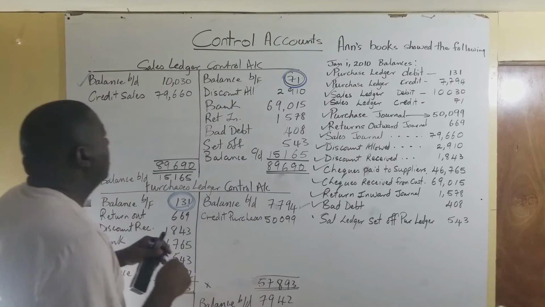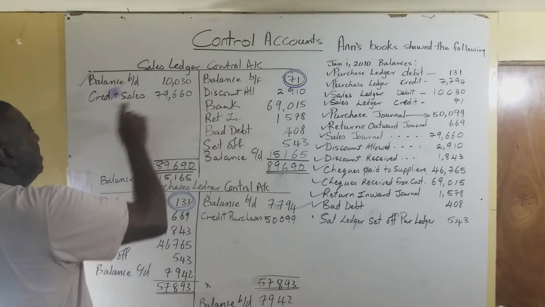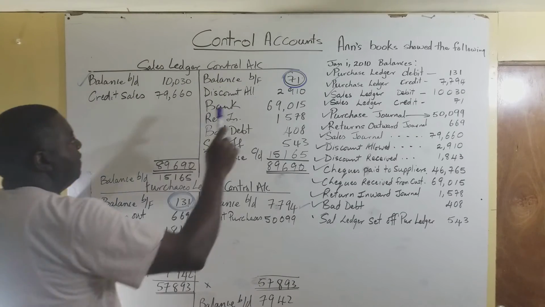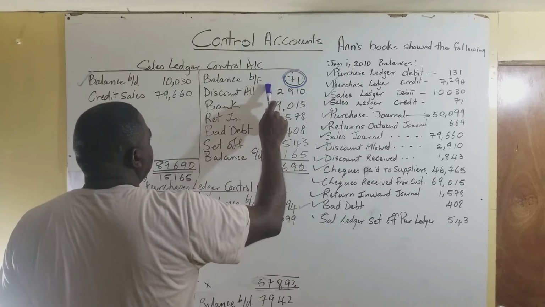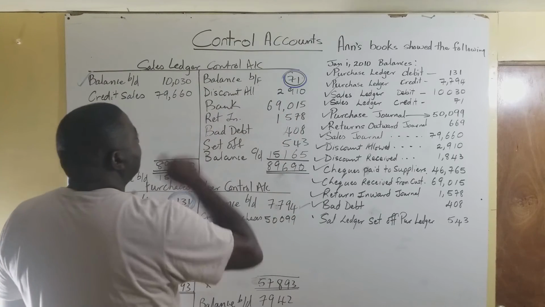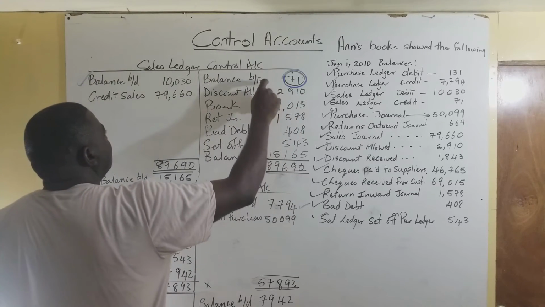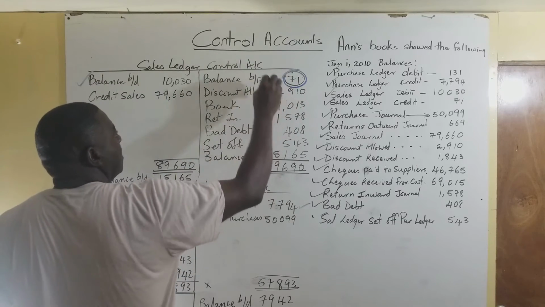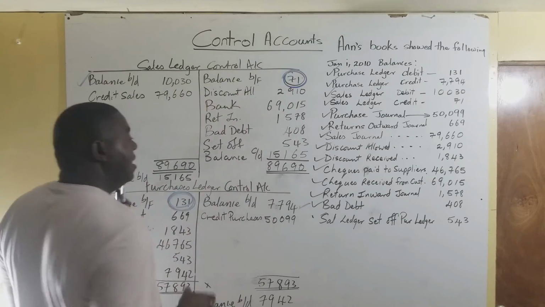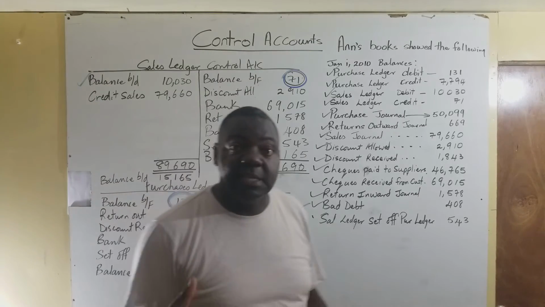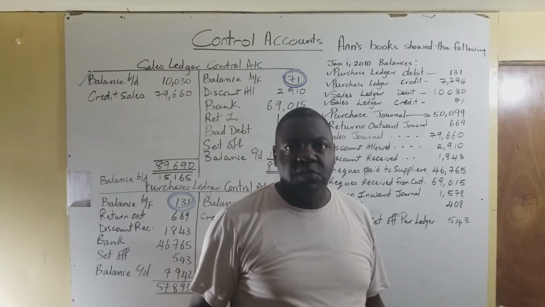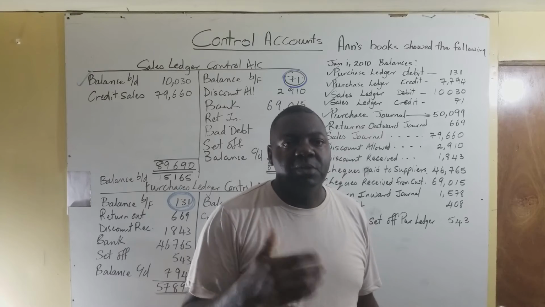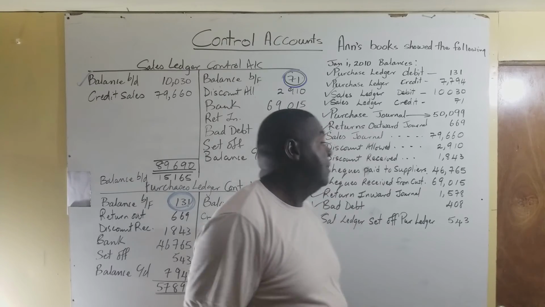So the normal balance will be on the debit side. Once we are finding that we are having an additional balance on the credit side, it is indicating that this is the abnormal balance, and the control accounts have identified this error. That is part of the reason why the control account is prepared, to be able to locate any errors.